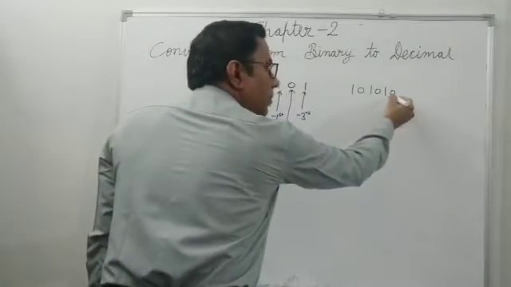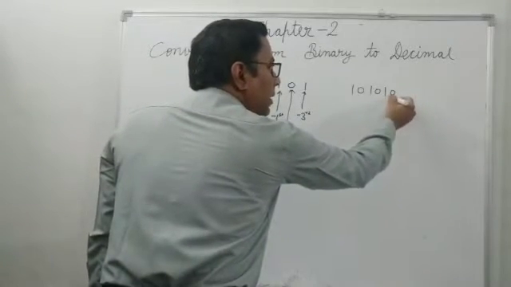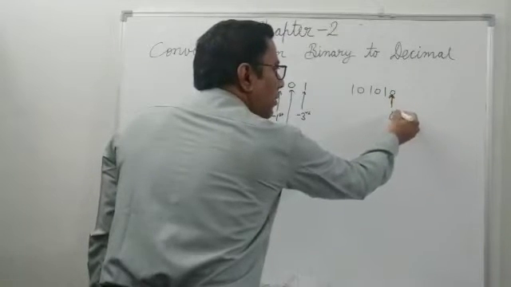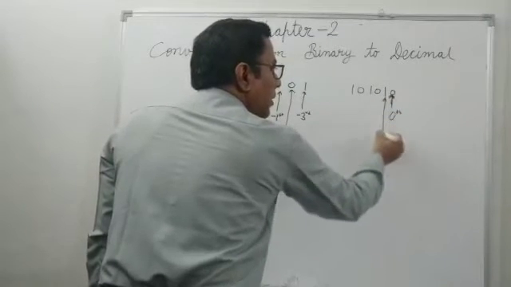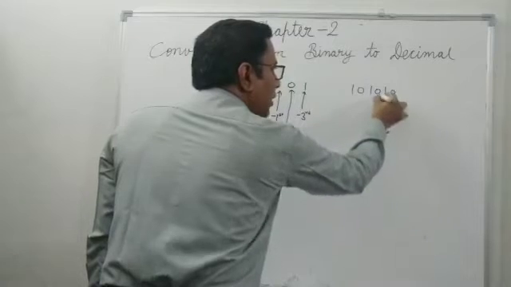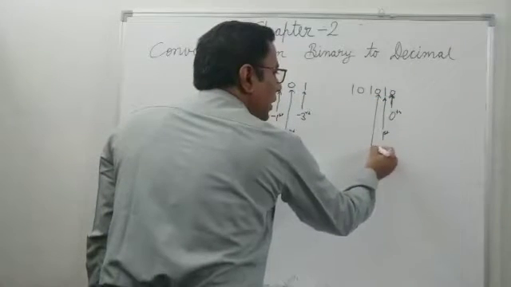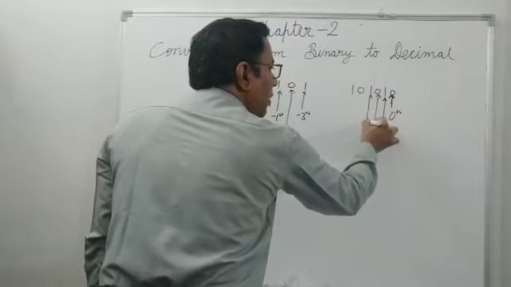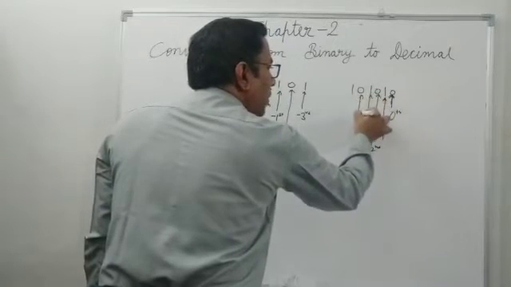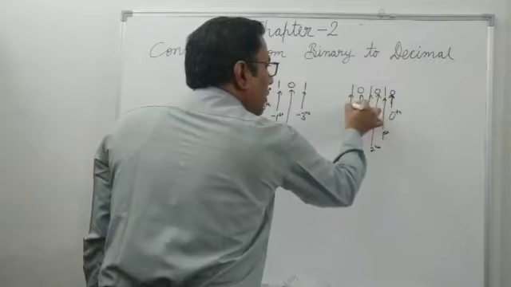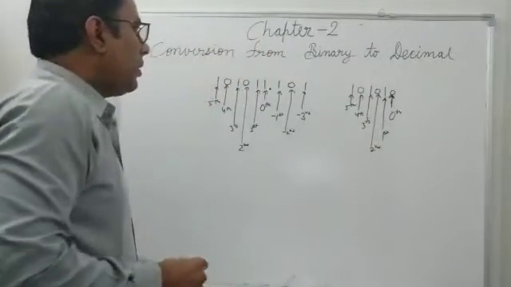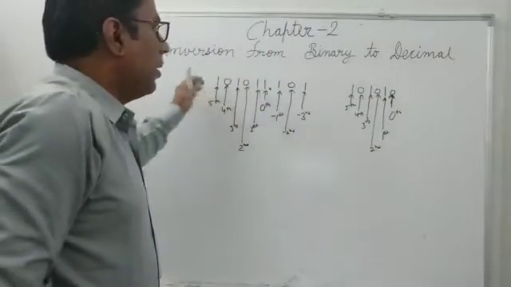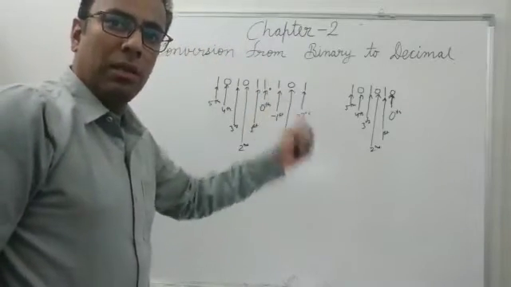The last digit is the 0th position, then the first position, second position, third position, fourth position, and fifth position. So it is clear how to find the position of the digits.